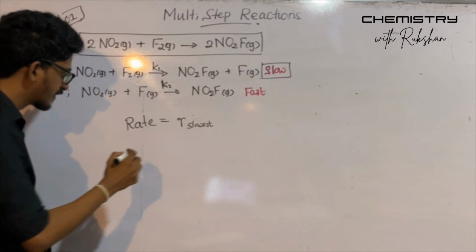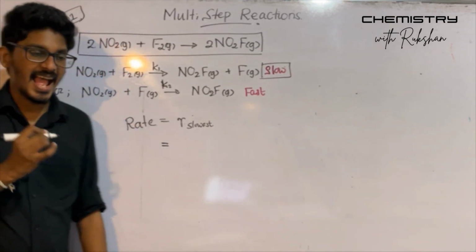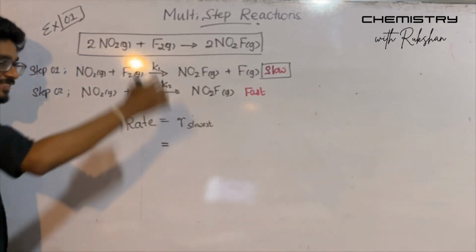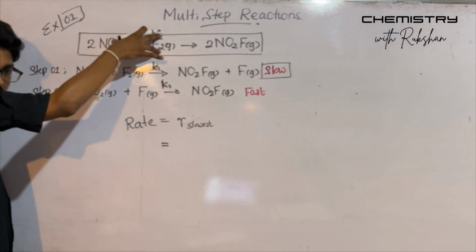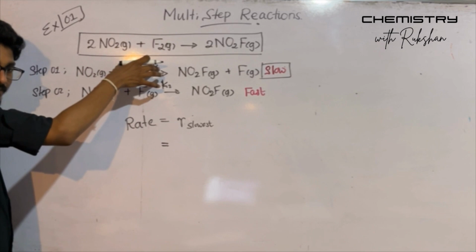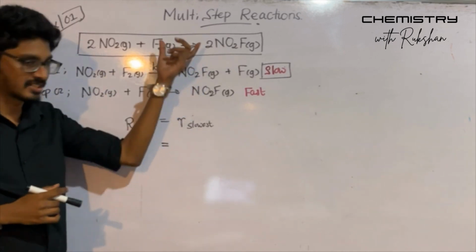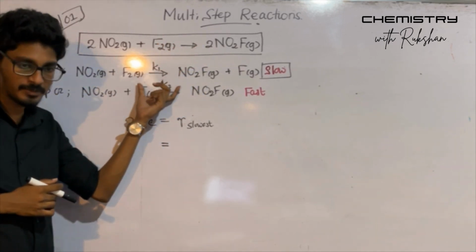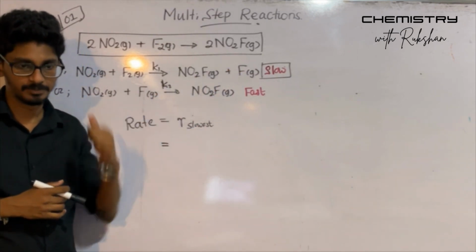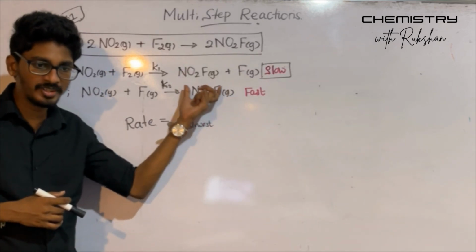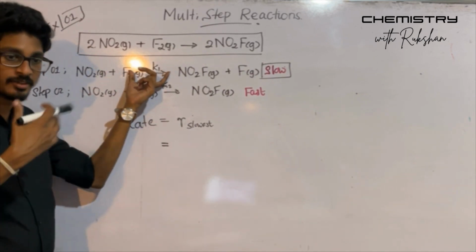Then we can write the rate of the slower step as it is elementary. Multi-step reactions are constructed from a combination of elementary steps. All the steps involved in a multi-step reaction are elementary, so the slow step is also elementary.